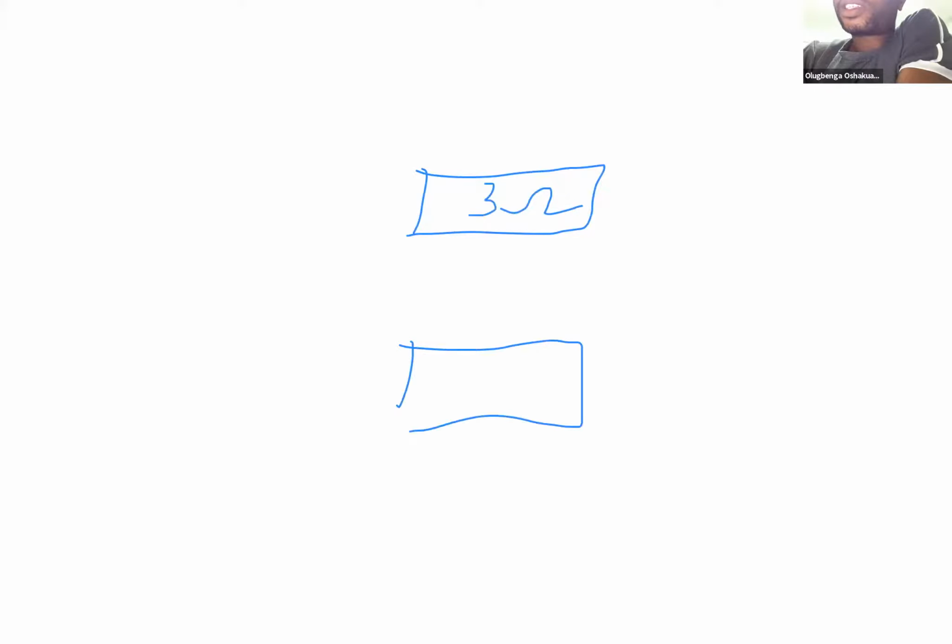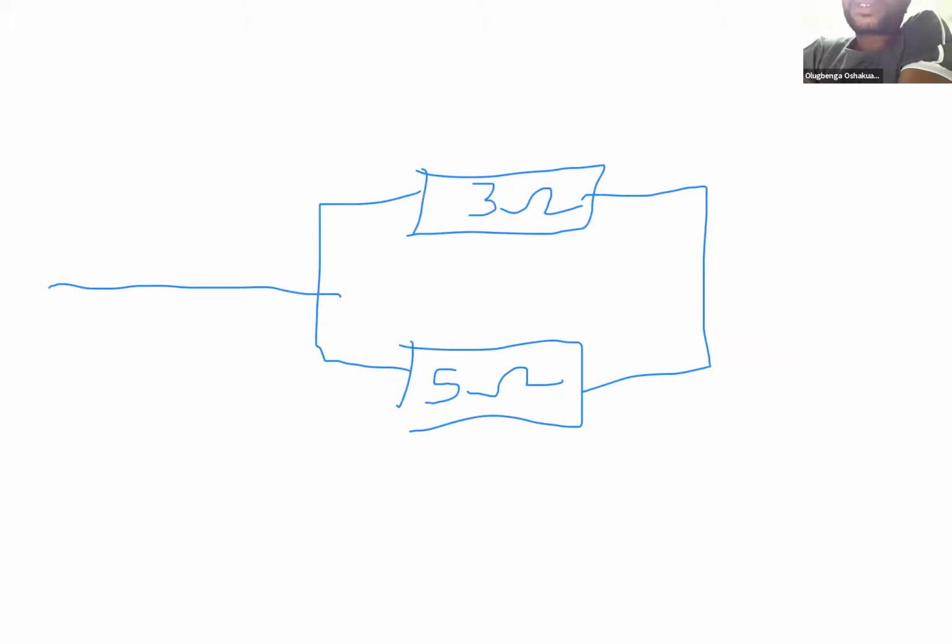But if we have a resistor of, let's say, 3 ohms, and another resistor of 5 ohms, and a current of 1 ampere is coming in, I need to remind you that a resistance of 5 ohms means its opposition to current flow is greater than the opposition that 3 ohms gives.